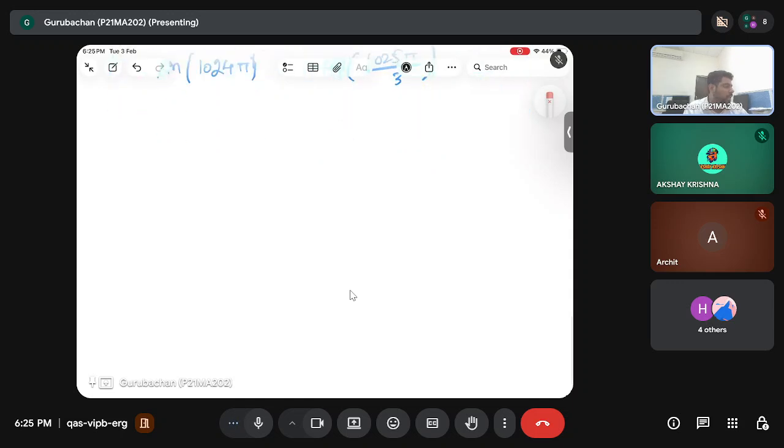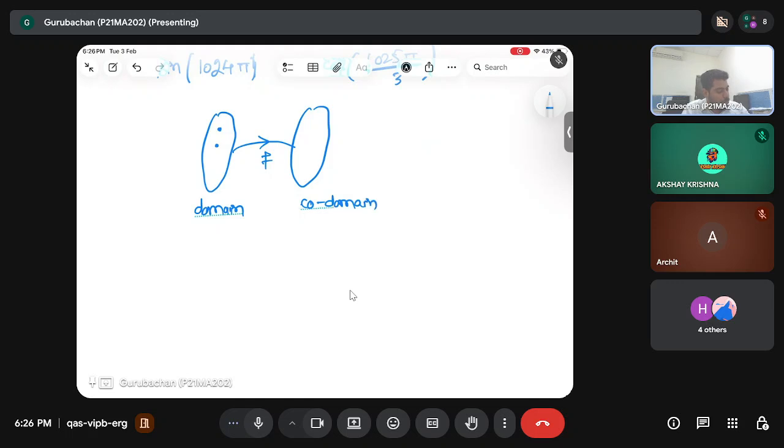So tell me about one-one function. Sir, in a one-one function, every element in the range has only one pre-image in the domain. Okay, so suppose I draw some sets, and there is a function defined from this domain to this codomain.